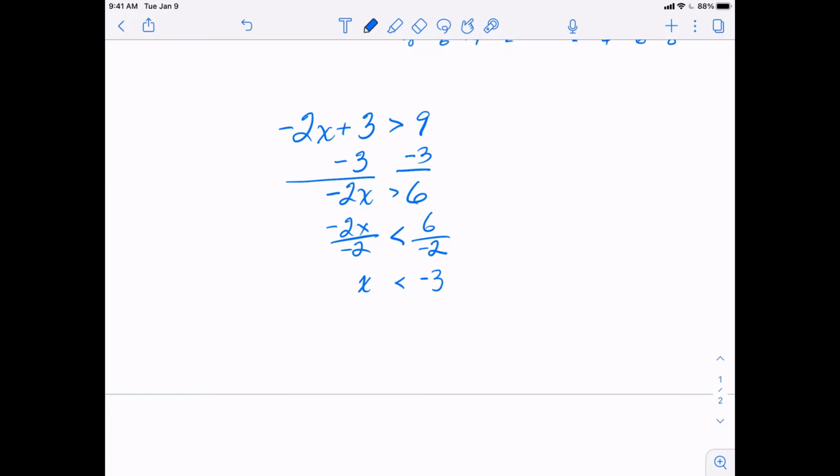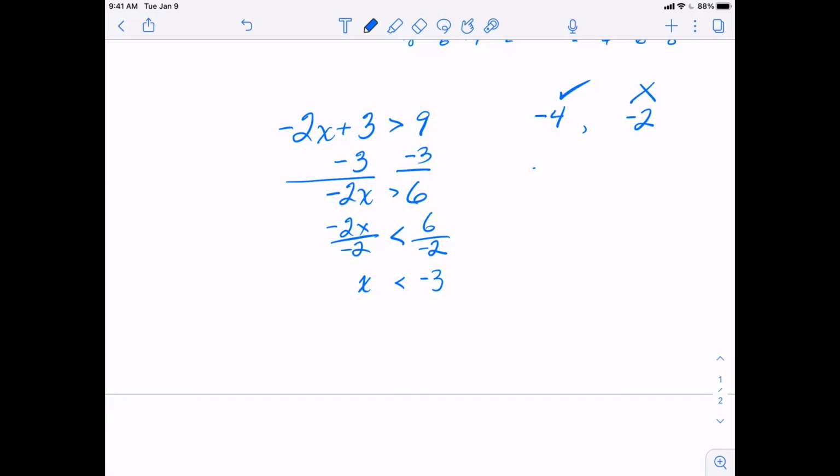Now, we can test this just to make sure. So we want to test numbers like -4 and -2. And since -4 is less than -3, this should be correct, and -2 should be wrong.